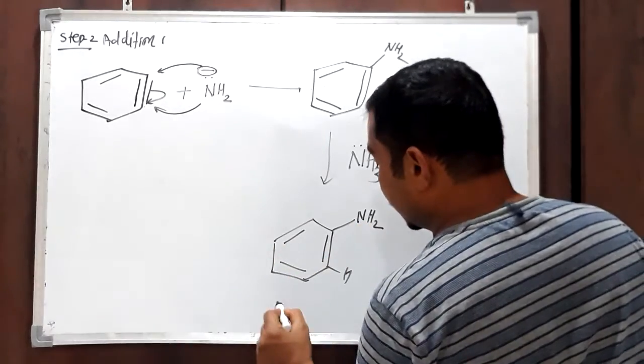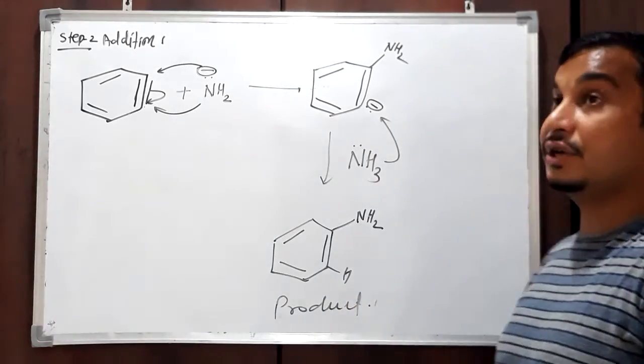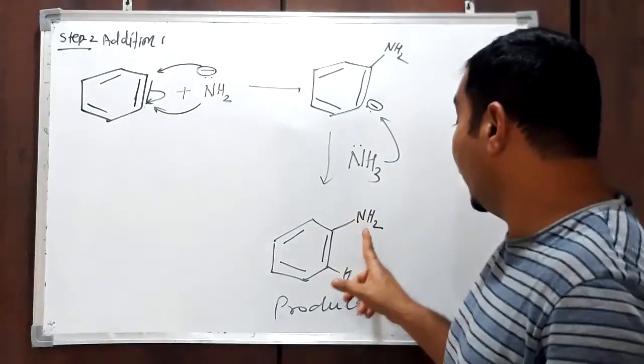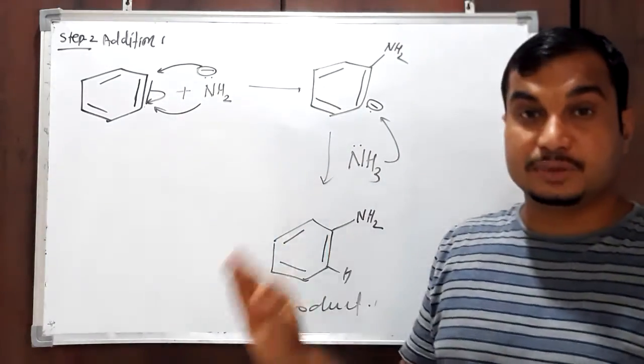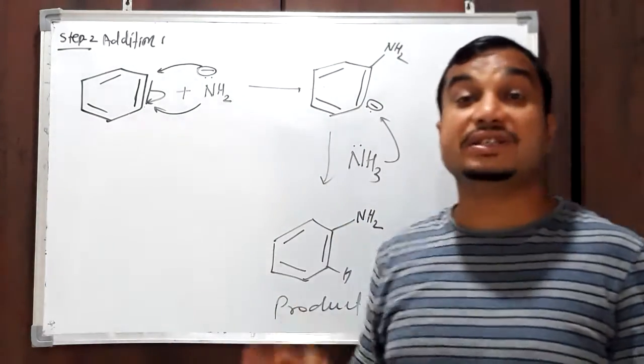So this is the product. There is replacement of Br minus by NH2 minus, so it is aromatic nucleophilic substitution reaction, and this whole mechanism is known as the benzyne mechanism.